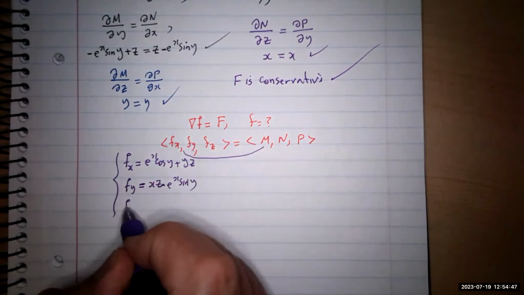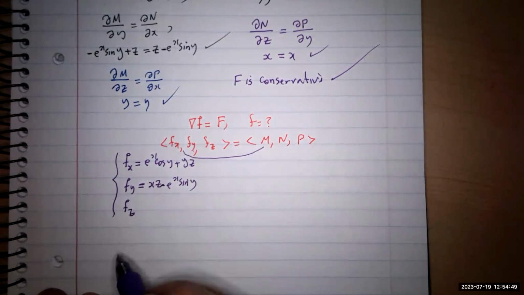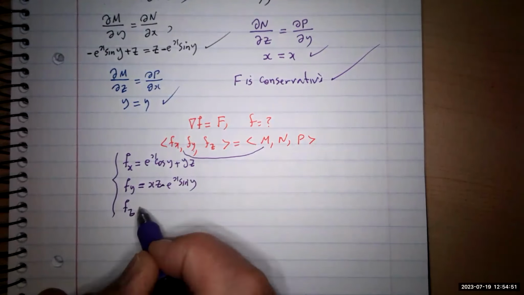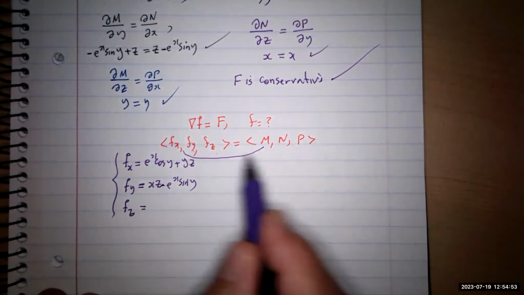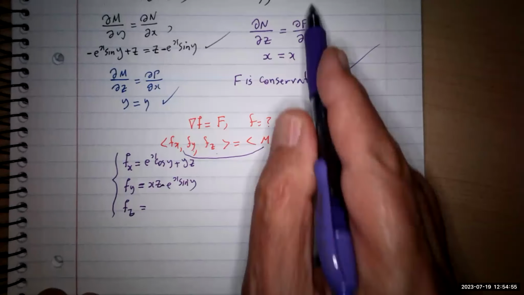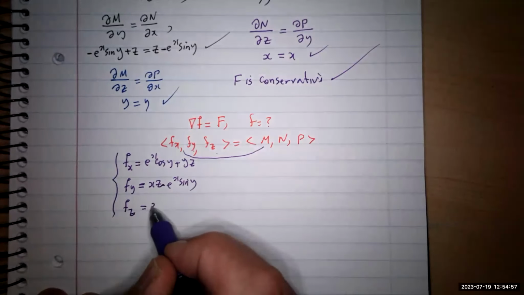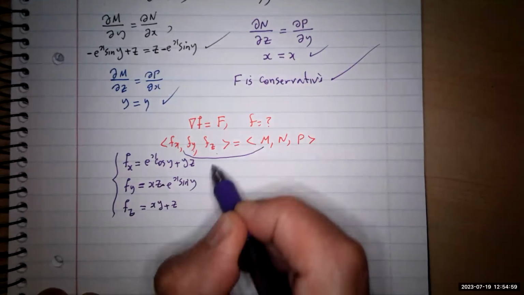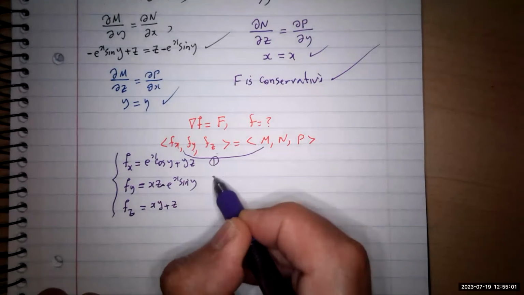And the third one, f sub z, must be equal to P, and P is xy plus z. You see, you have three equations, 1, 2, 3.